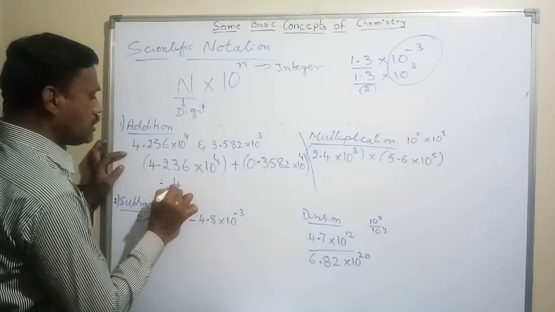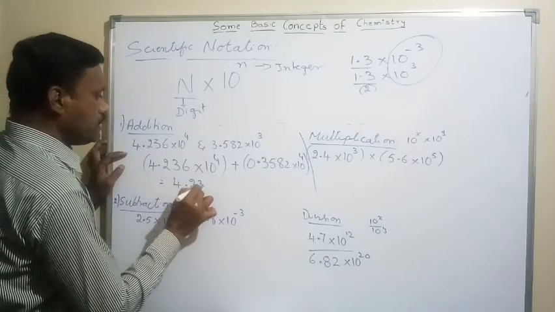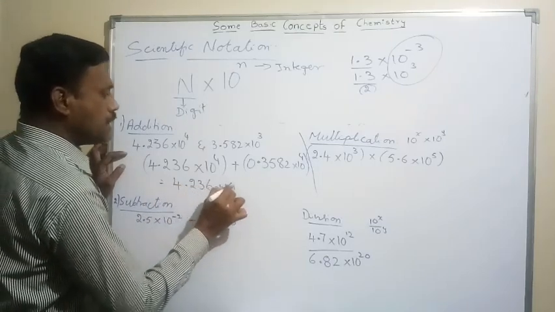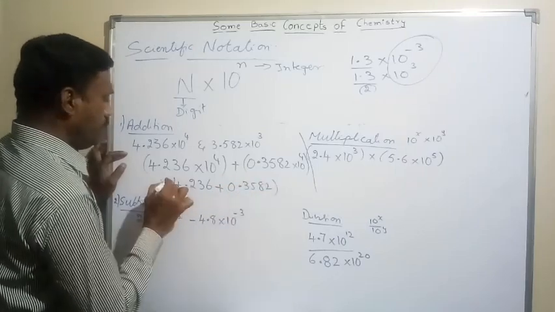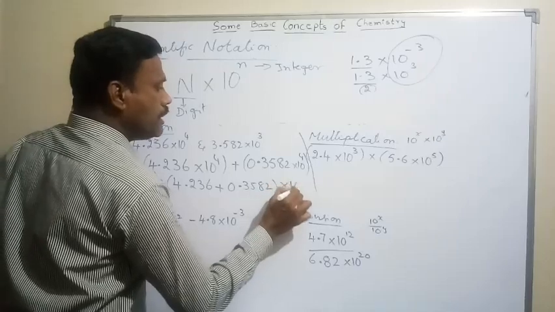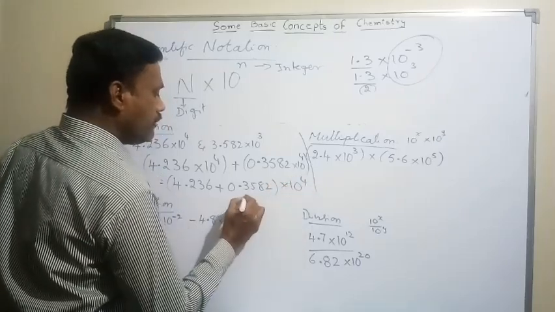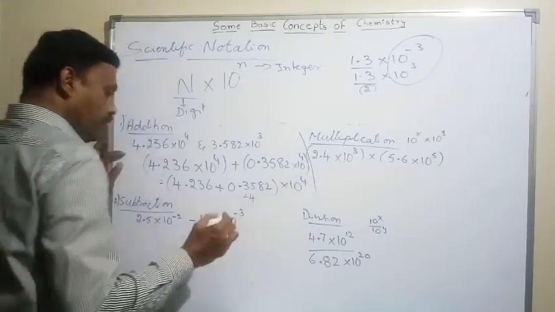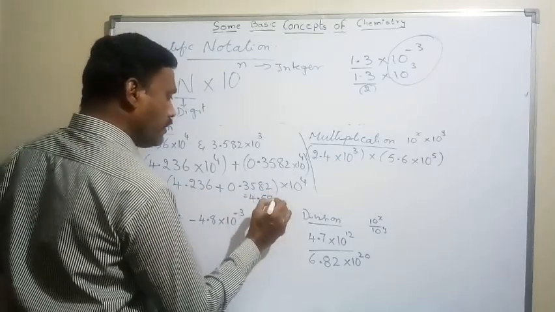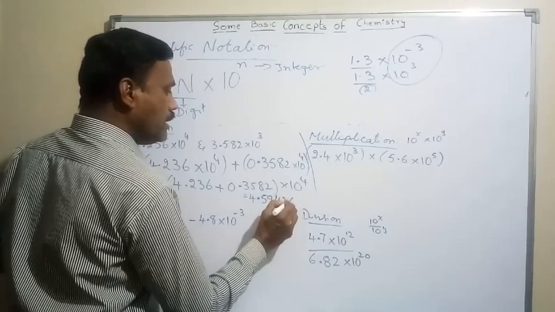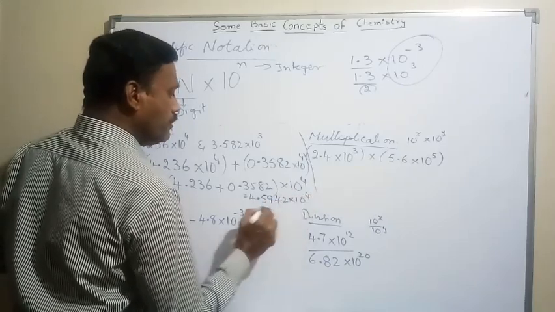So that gives 4.236 plus 0.3582 into 10 to the power of 4. The final answer will be 4.5942 into 10 to the power of 4.